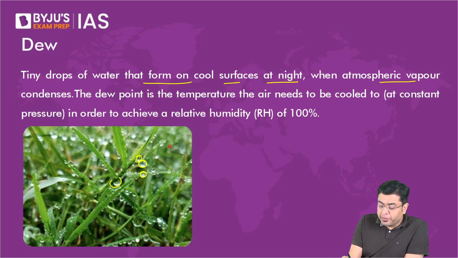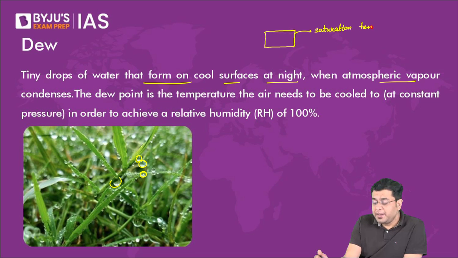So let's suppose you have the air parcel here. The saturation temperature is the point at which the air will attain saturation. Let's suppose the saturation temperature is 5 degrees Celsius.